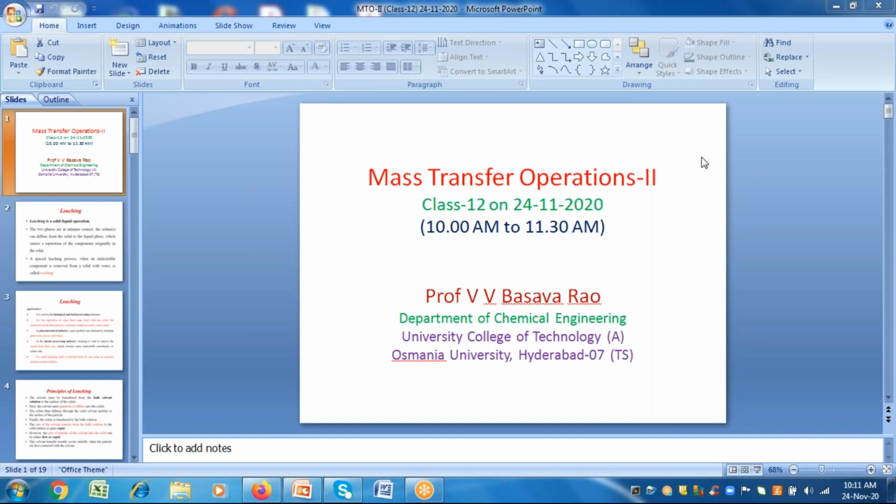The first one is getting washed out, meaning removal of the impurities. And the second is getting the value added chemicals or metals which are there in the insoluble materials. Biological applications also come under that. So these two applications we do in solid liquid operations.